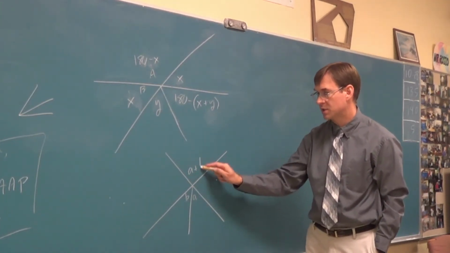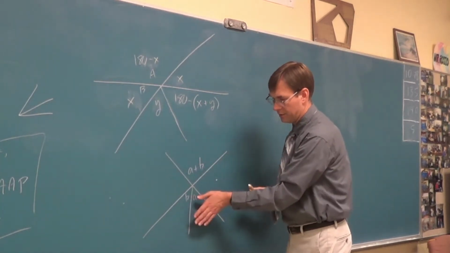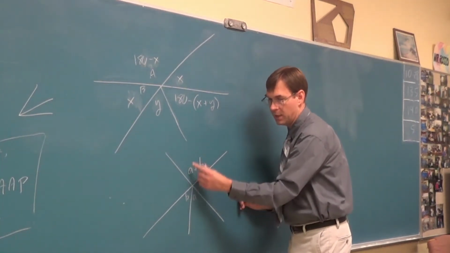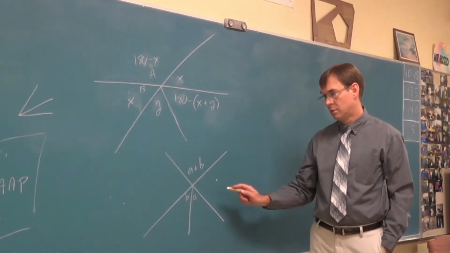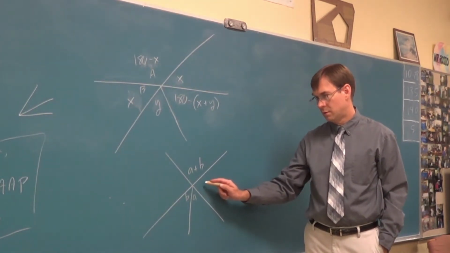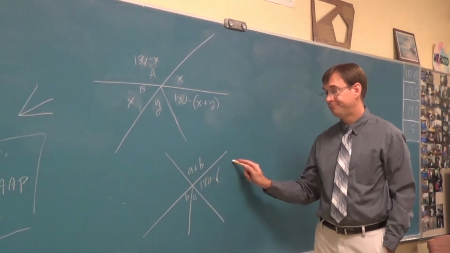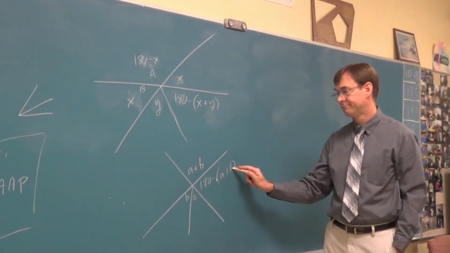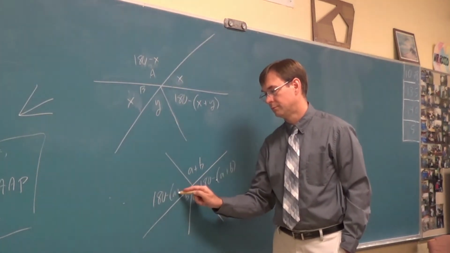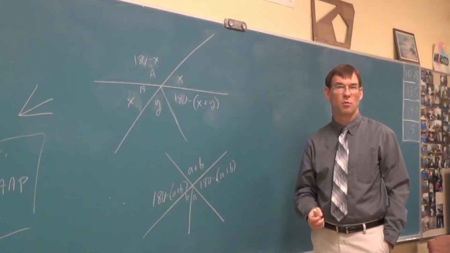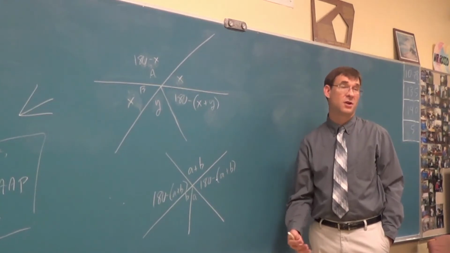This would be an A plus a B, because we've got the vertical angles there. A and B together match that. And would both of the others just be 180 minus, in parentheses, A plus B? Is that making more sense? Try it and see.